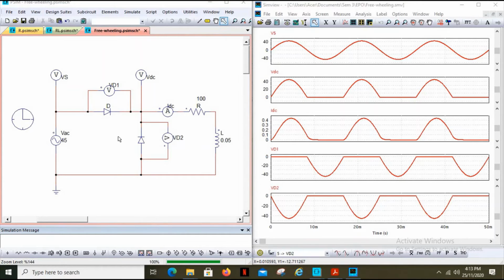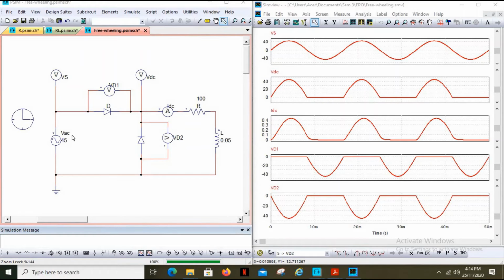This is because in the positive cycle, this diode becomes short circuit, and this diode becomes open circuit. So the voltage will run through the diode, and this diode will be 0 volt, through the VDC, V output, IDC, I output, and then to RL, and then back to VAC for the positive cycle.